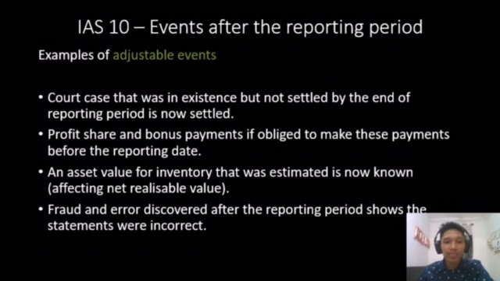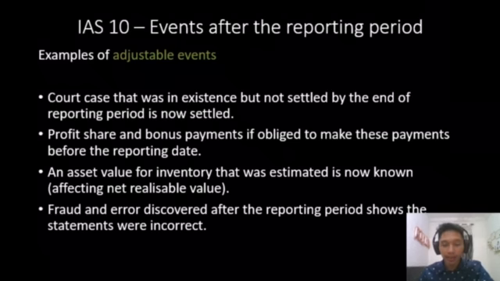Next is profit share and bonus payment, if obliged to make this payment before the reporting period. So we also have additional evidence before the reporting date. Then, an asset value for inventory that was estimated is now known. This affects the net realizable value, so that's why it has existing evidence before the reporting period.